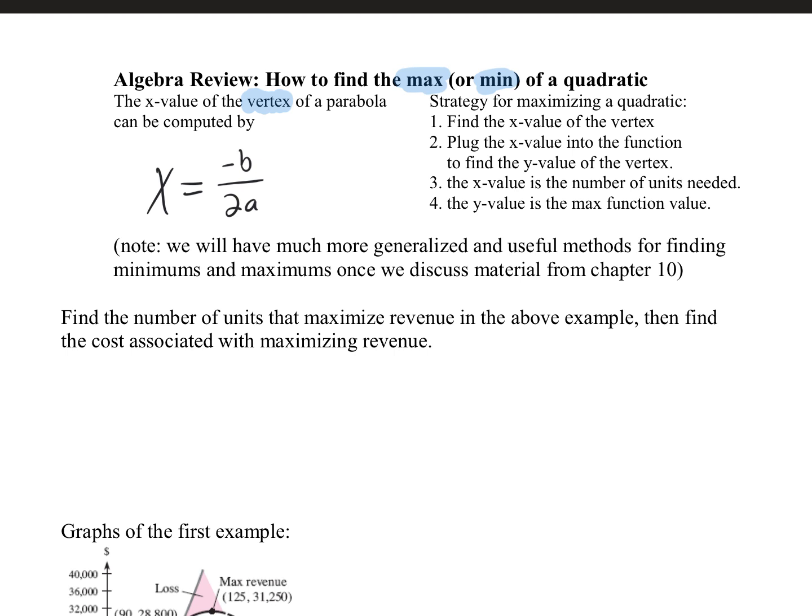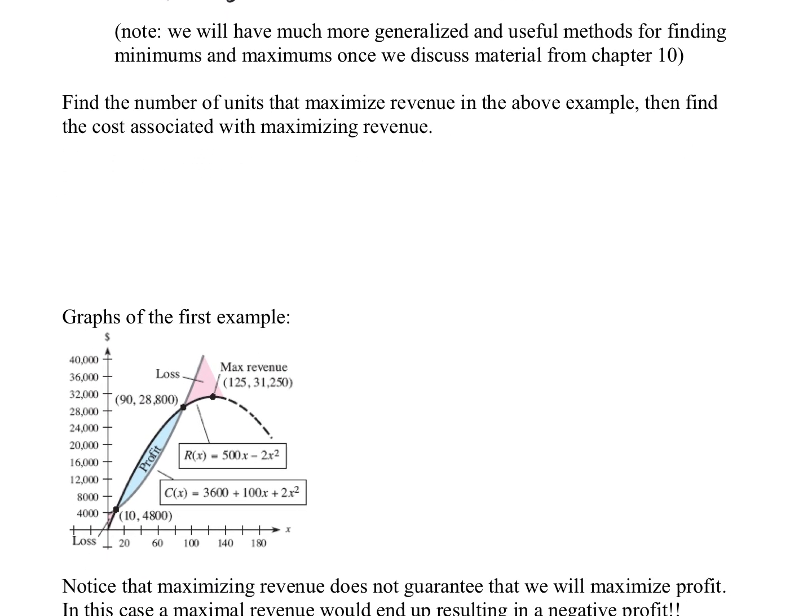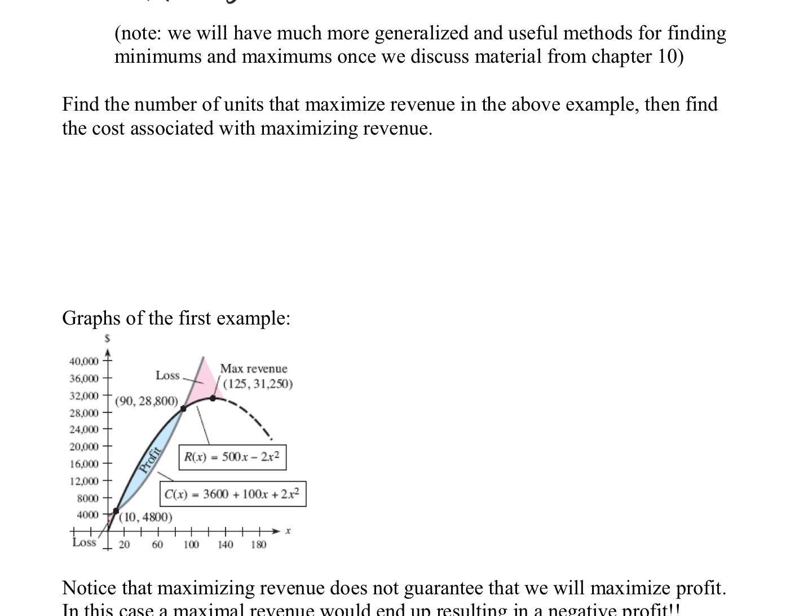So let's go ahead and find the number of units that maximize revenue in the previous example. I'm going to scroll the page down just a little bit so that I can reference the equations down here at the bottom of the screen. If you wanted to maximize revenue, I'm going to start by just writing down what the revenue function is.